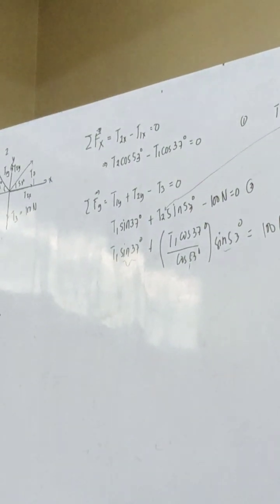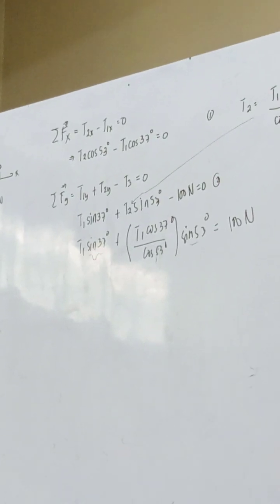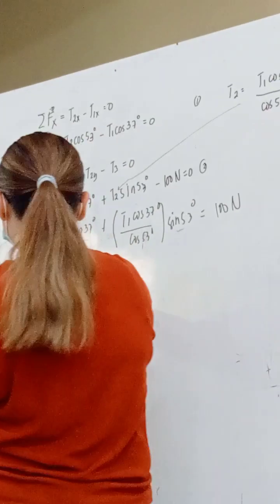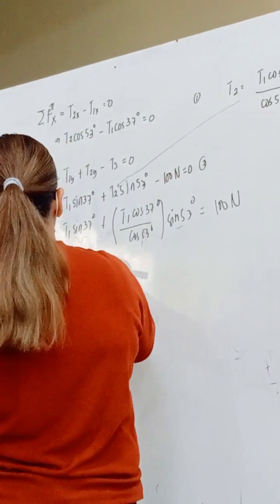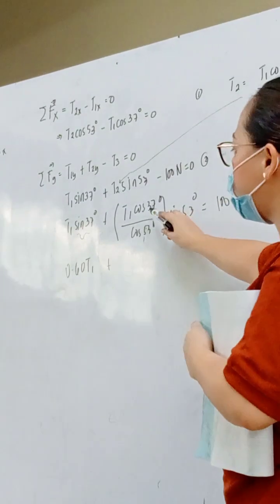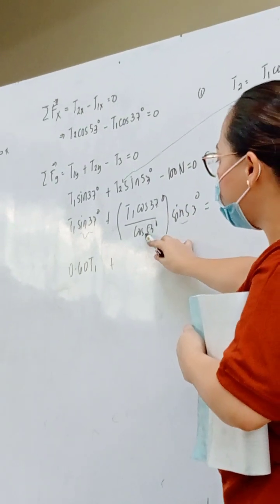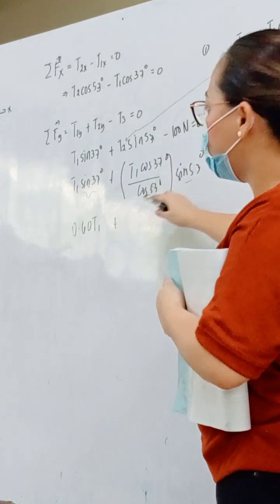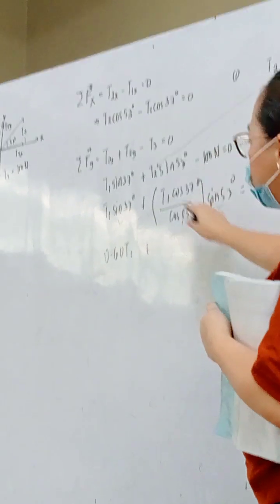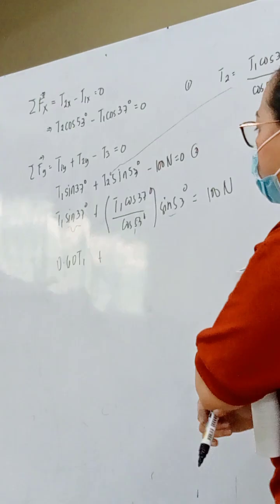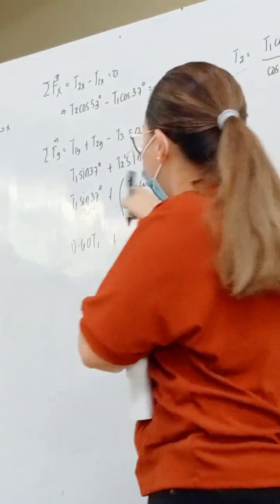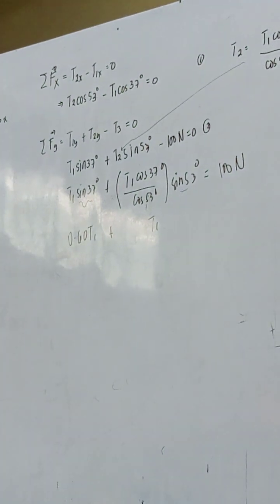What is sine of 37? 0.60. So 0.60 T1 plus cosine of 37 divided by cosine of 53, and since it is a product, the ratio is also multiplied by sine of 53. Then the unknown variable is T1.